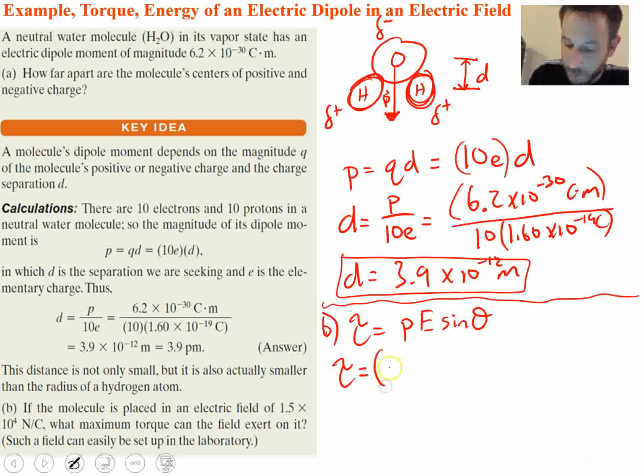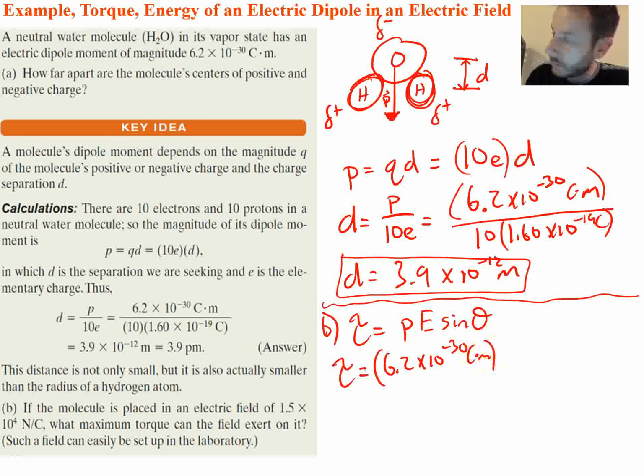So we have our dipole moment, which is 6.2 times 10 to the negative 30 coulomb meters, times our external electric field, 1.5 times 10 to the 4th newtons per coulomb, sine of 90.